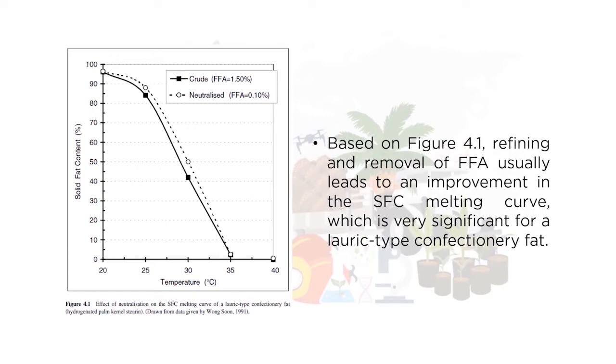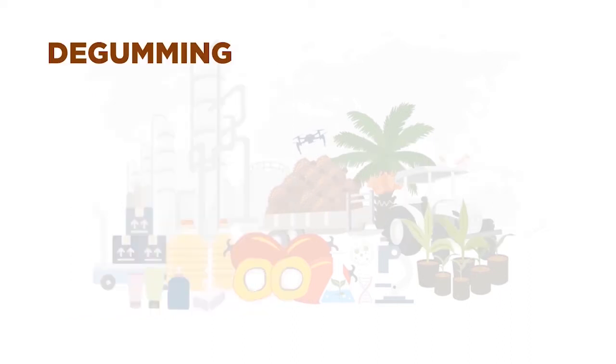Based on this figure, the refining and also the removal of free fatty acid (FFA) usually leads to an improvement in the SFC melting curve, which is very significant for lauric type confectionery fat. As we can see from the figure, as the temperature increases, the percentage of solid fat content also decreases.